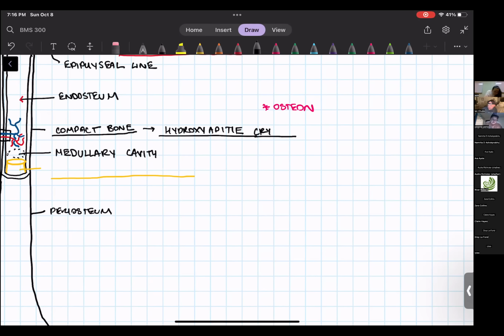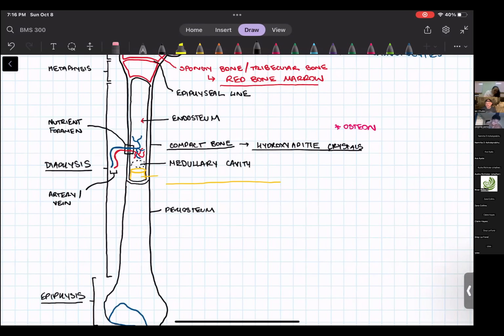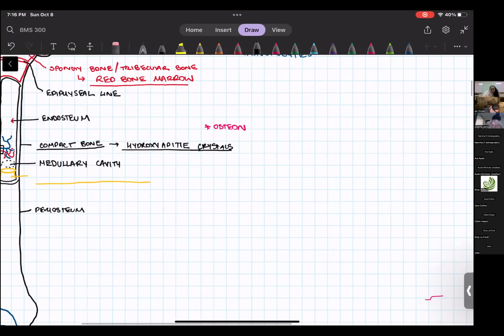These are basically calcium phosphate crystals that make compact bone super compact and dense, allowing some compression to our bones. So it's really about the protection side of it. And we'll get into osteons, I promise. But yes, osteons are the functional or structural unit of compact bone.